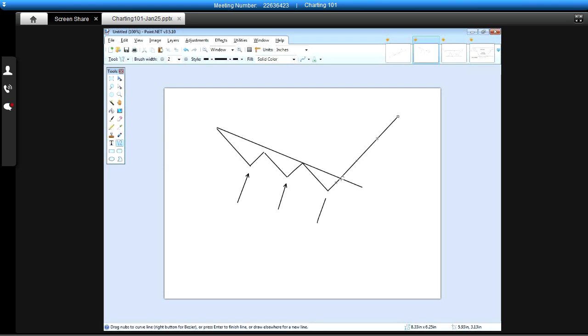Now if they break through, it kind of tells you that the trend's done. But it could also just break through a little bit and then come back down. So it's never perfect, but it kind of gives you a general area of where support or resistance can be for a stock price and a trend.